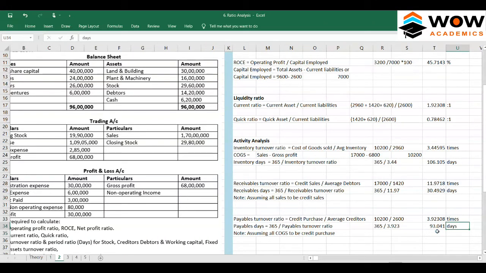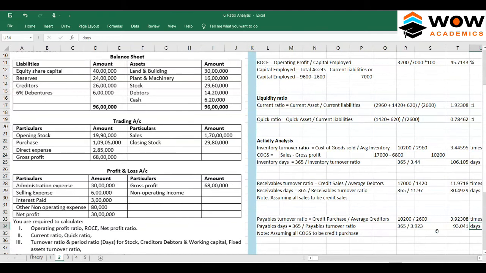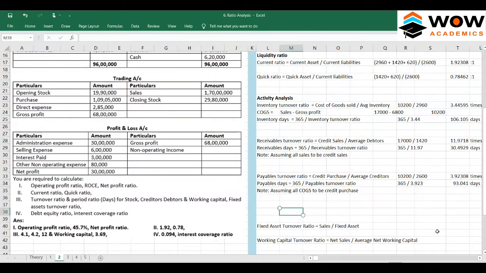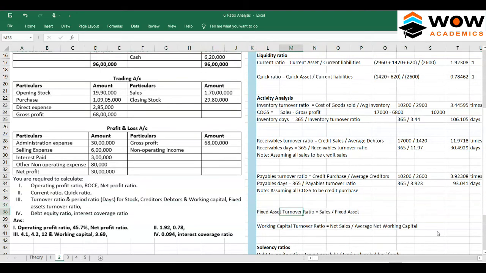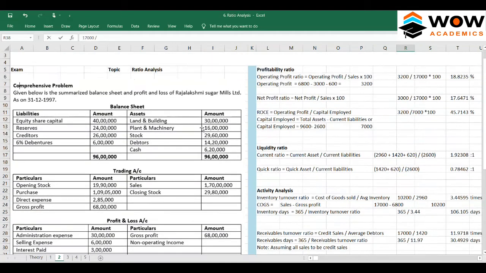Okay. So we have almost got all the numbers. So let's see what are the things which are missing. So we'll find out the fixed asset turnover ratio. These are quite easy. So our sales is 17,000 divided by fixed assets alone. So fixed assets alone we have to find out. So fixed assets are these two numbers.